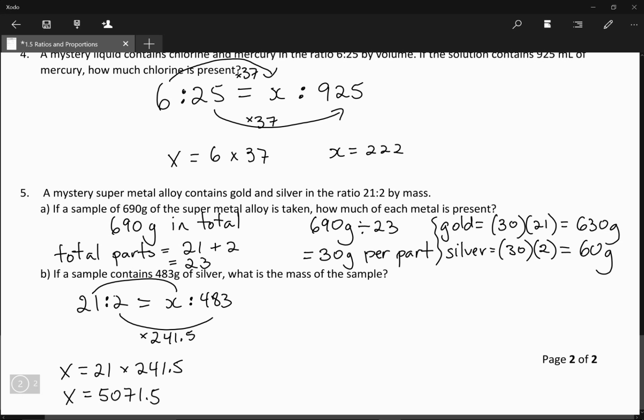Okay, so what's the mass of the sample? So the total mass is equal to the 483 grams we were given of silver, plus the 5,071.5 grams of gold, and together they add up to 5,554.5.